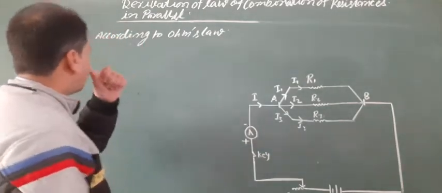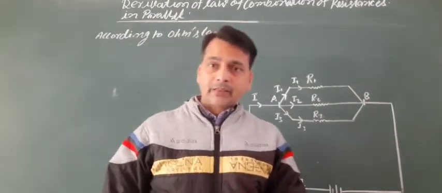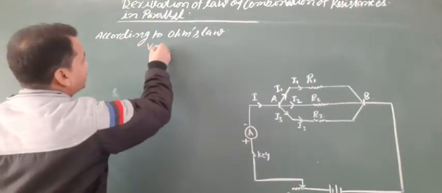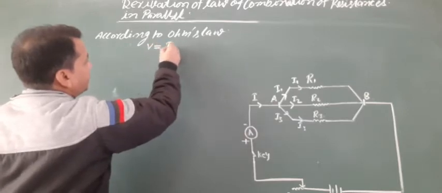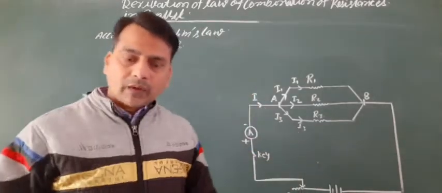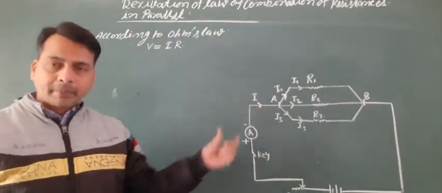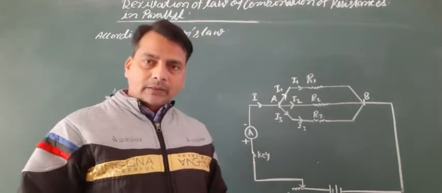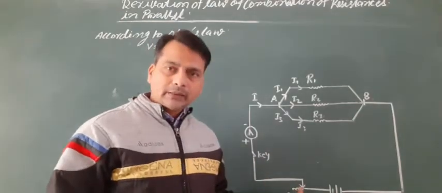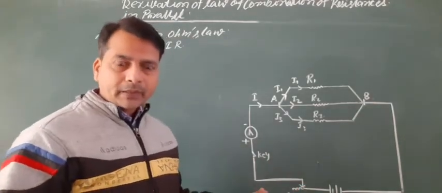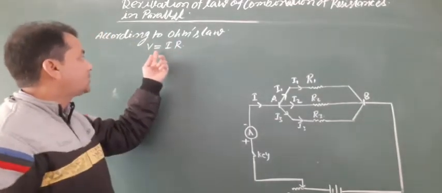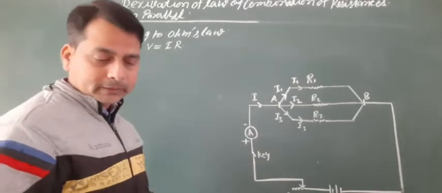So according to Ohm's law, potential difference V equal to I into R. In this circuit, let us consider the potential difference is V and the total current is I. So potential difference V equal to I into R, that is, potential difference equals electric current into resistance.